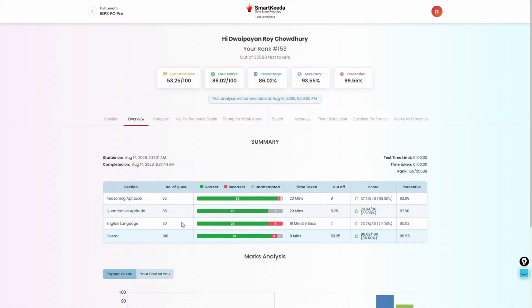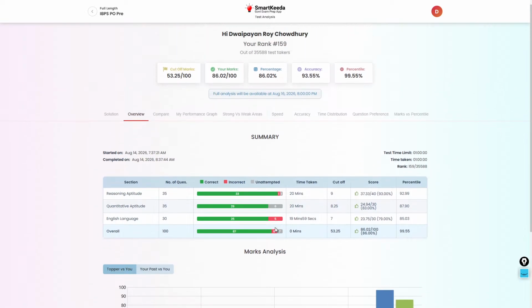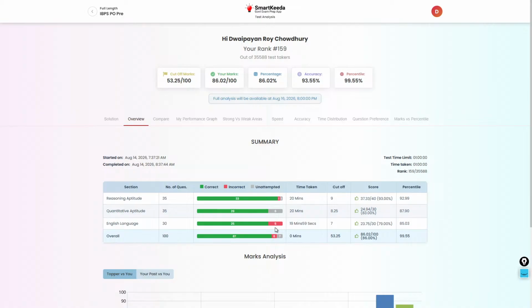In English, I feel I do need to work a bit more on the English part, especially the vocab ones. PQRS also did not come out well, and it took me almost 20 minutes to finish it, so it's not right. And in quants I could do a bit better, then it could have been above 90, because it was that kind of paper.